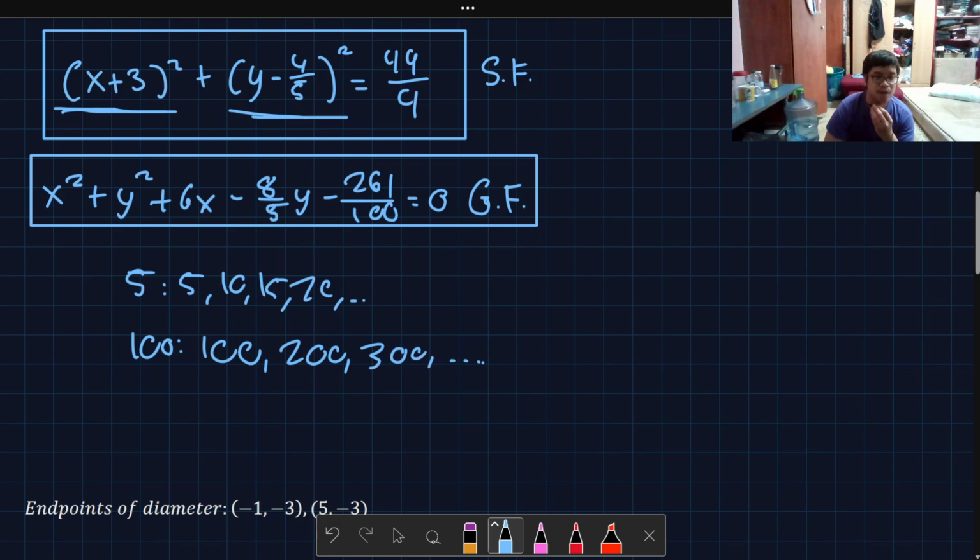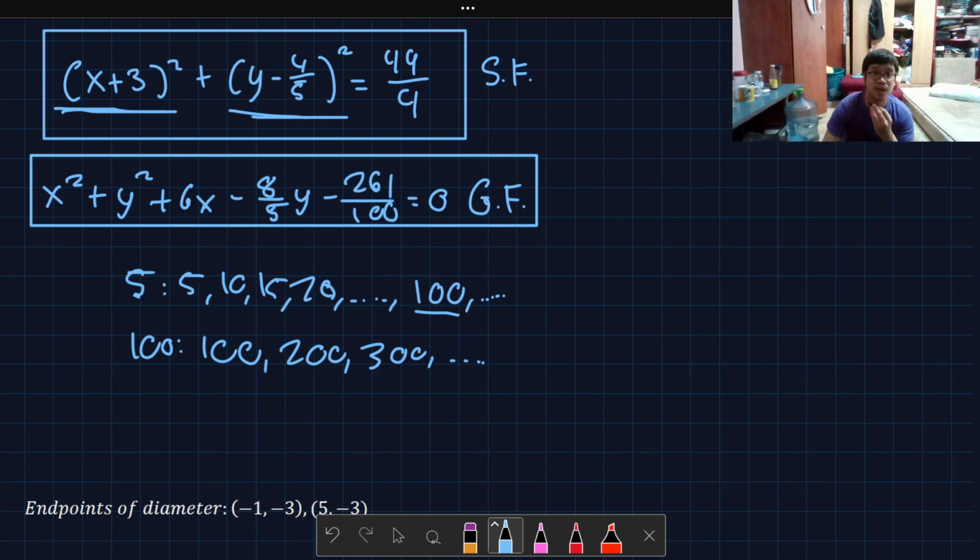Now you see, assuming the multiples of 5 go on to infinity, there exists a number which is also 100. And how is it that 100 is one of the multiples of 5? Because 5 times 20 is 100. So therefore, 100 is also a multiple of 5.